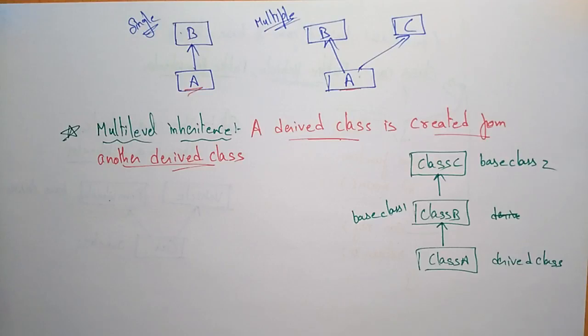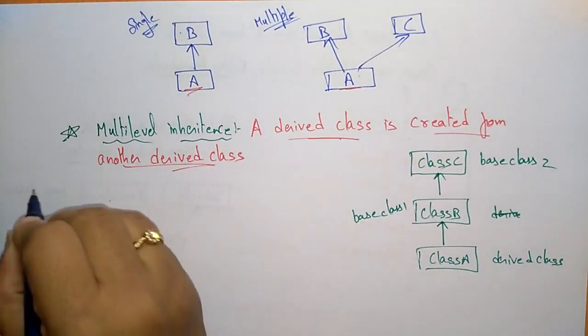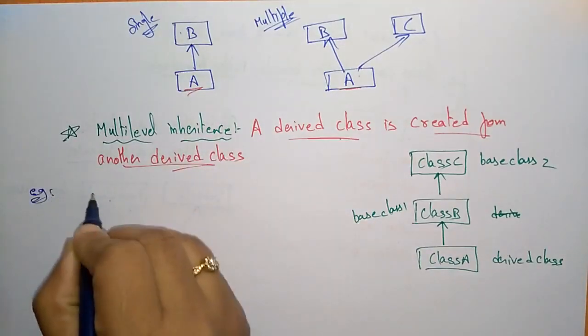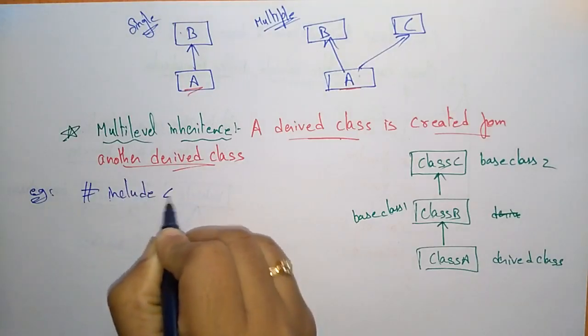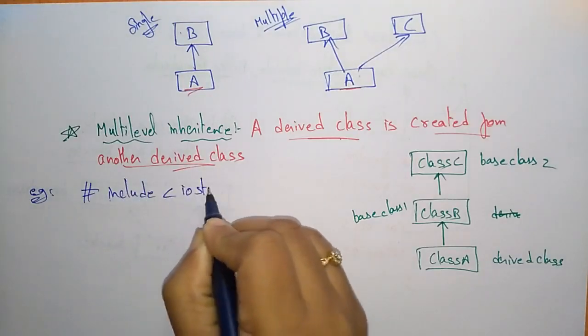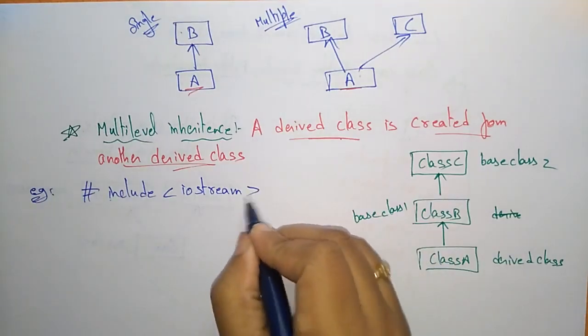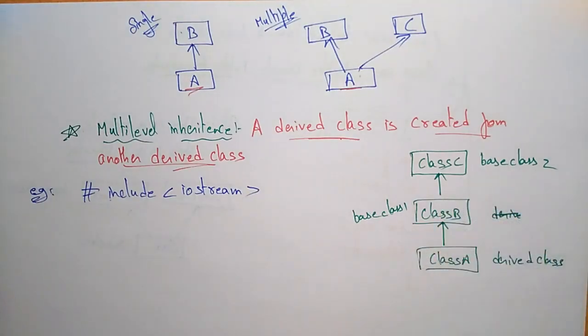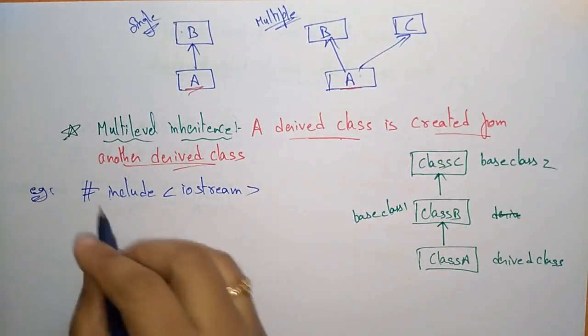Let us see the program. Example: hash include. The programs are very important in object-oriented programming languages. Whatever concept you take, just write a program for that concept.